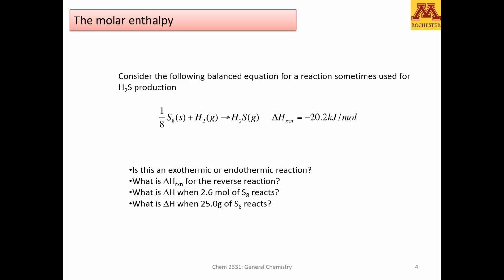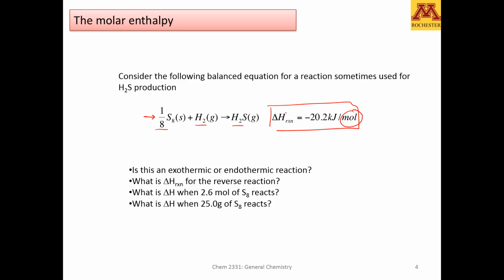Let's solve a problem. In this case, there is a reaction of sulfur reacting with hydrogen to form hydrogen sulfide, and it gives you what we will call molar enthalpy. Notice that in this case, the energy is divided by the number of moles. And that's a very important part, because it means that depending on how the reaction is balanced, this value will be different.